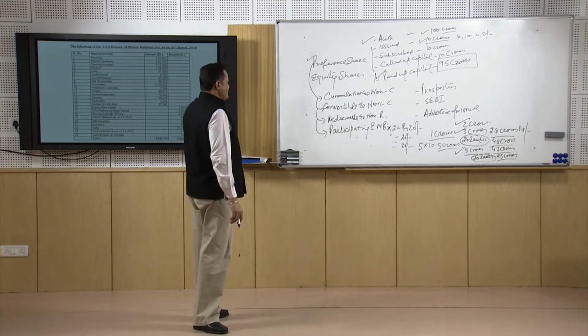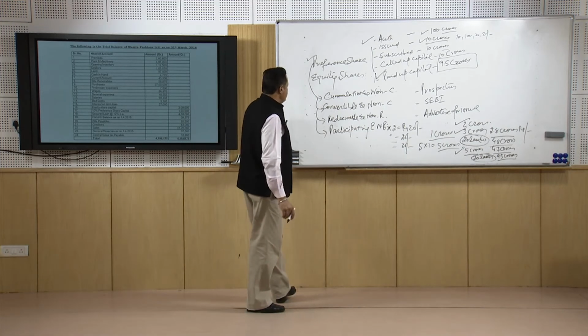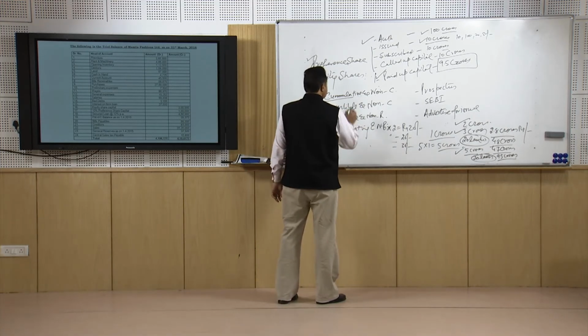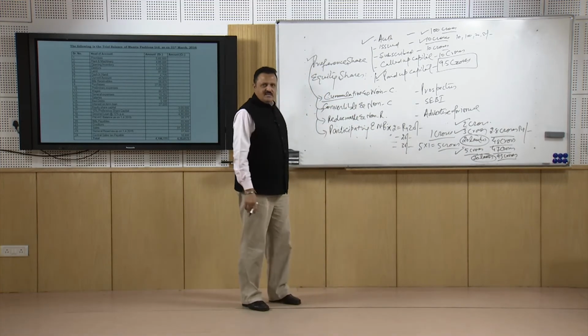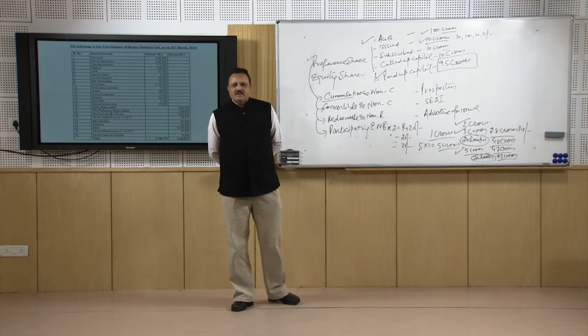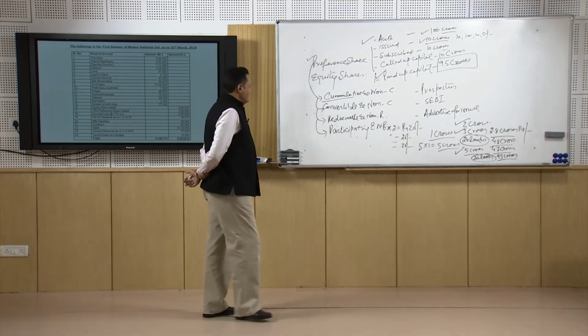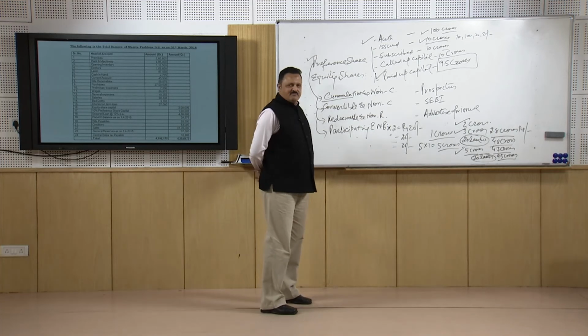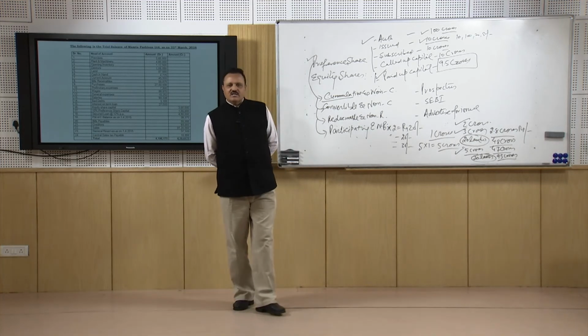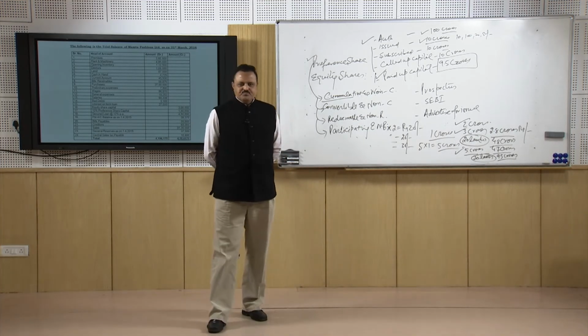Cumulative and non-cumulative preference shares, as the name indicates, cumulative. This accumulation is in relation to the dividend. Say for example, the company has issued 10% preference shares, and they are cumulative preference shares.